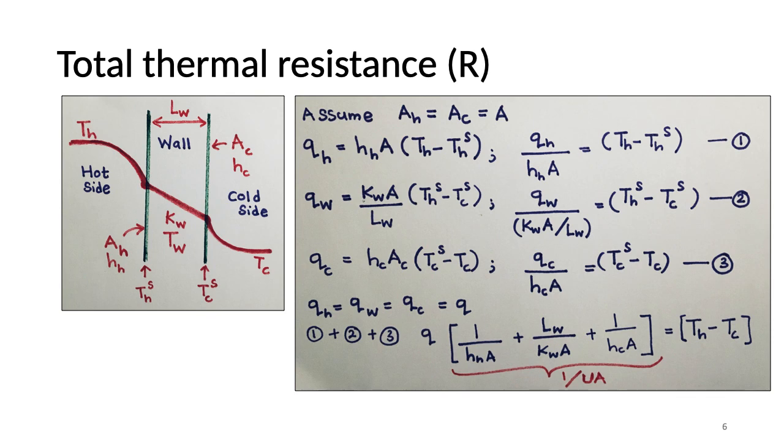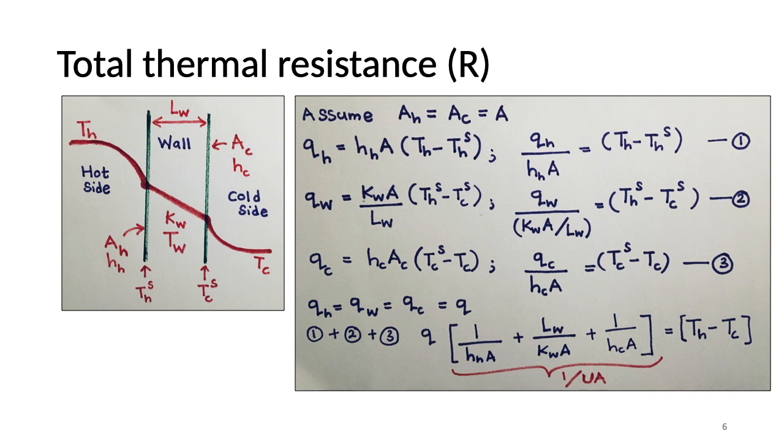Here is the temperature profile of a heat exchanger. I'm going to develop a formula for the resistance to heat transfer. And here we assume that hot side and cold side surfaces are equal in area. The heat flow at the hot side is equal to QH, which is equal to HH times A times (TH minus THS).